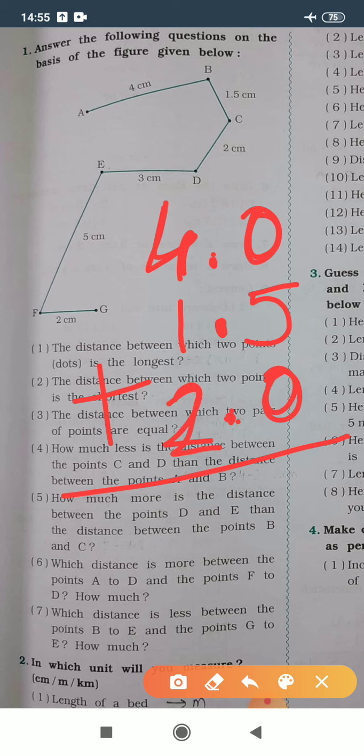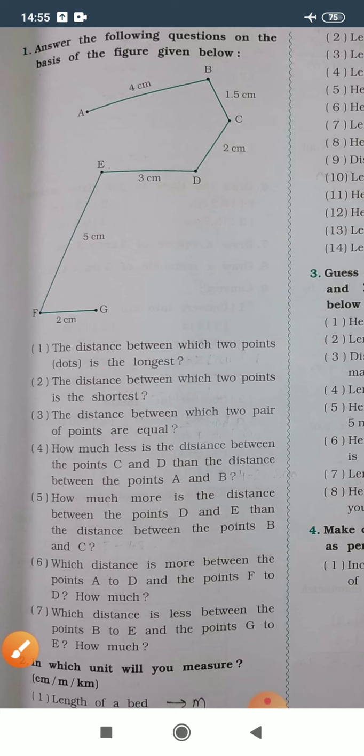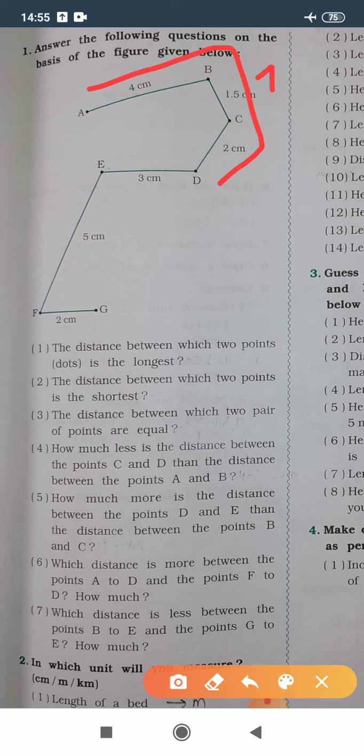So let's calculate: 5, point as it is. 4 plus 1 is 5, plus 2 is 7. So from point A to D gives you 7.5 distance.